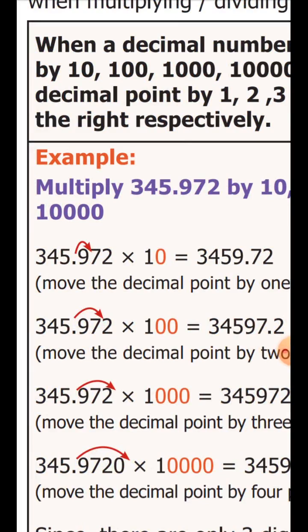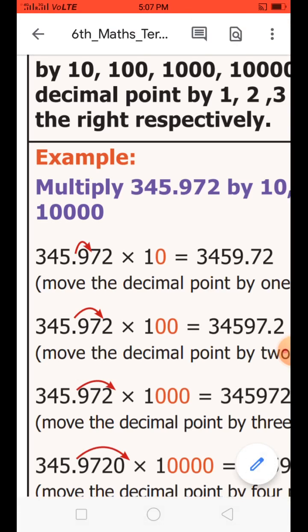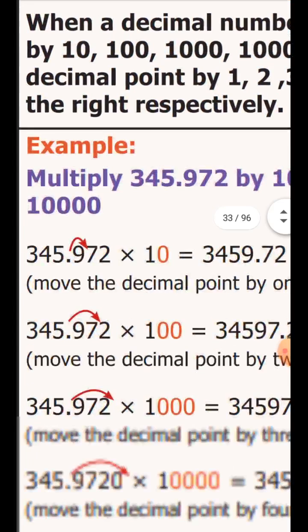Now, 345.972 into 10. How do we multiply a decimal number? If you multiply by 10, look at how many zeros 10 has.